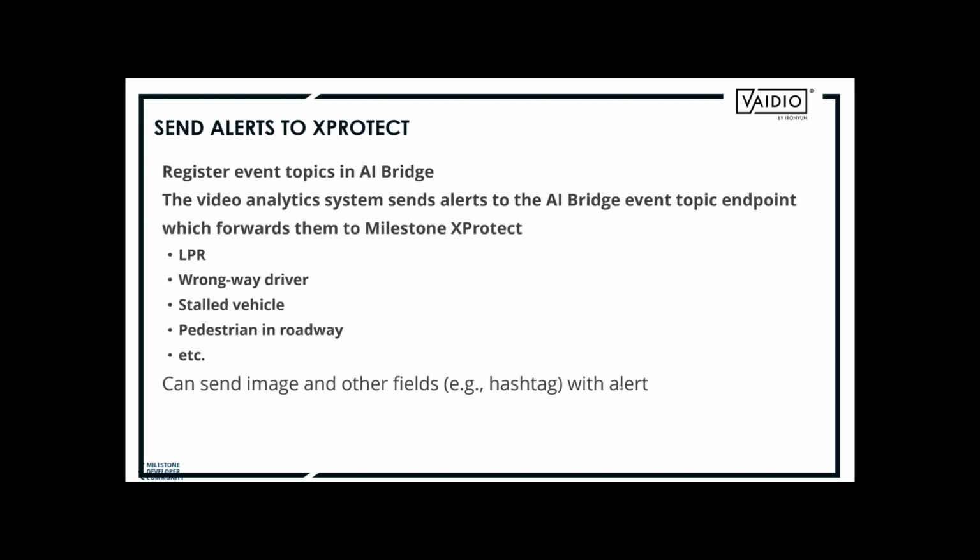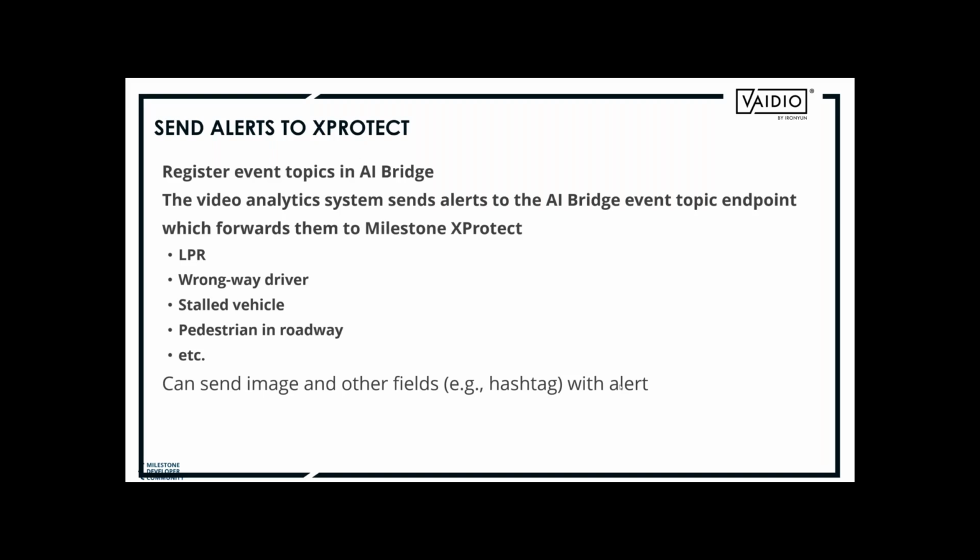And then finally, the payoff. To send alerts to XProtect, the first thing you have to do is register event topics, and those are the types of alerts you want to send. And then you send these alerts to AI Bridge to an event topic endpoint, and then that will be forwarded into Milestone XProtect, and things like license plate, recognize a license plate on your alert list, wrong way drivers, stalled vehicles, pedestrian in the roadway, different types of things we detect with our analytics.